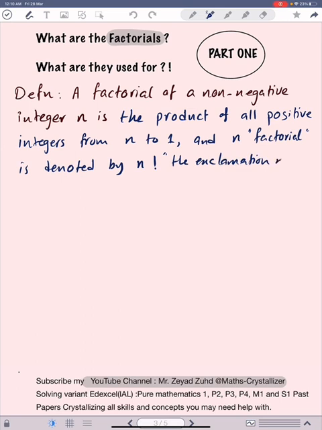So we read it as factorial, n factorial.